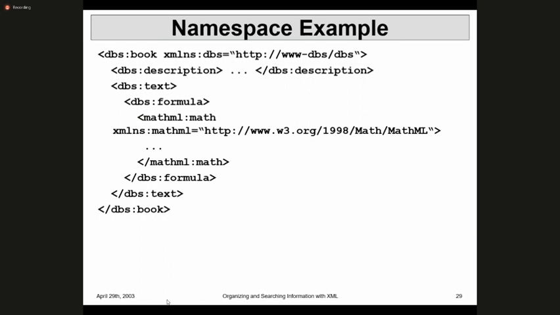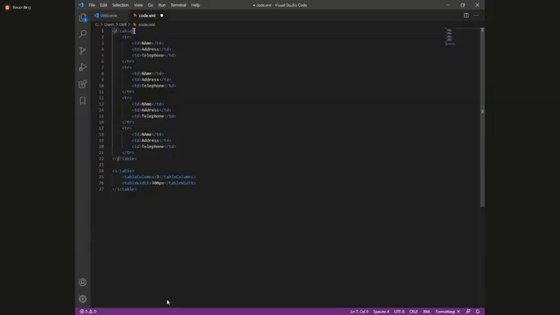If we go to our previous example, here I'm using this namespace called D. I have to instruct the XML document that I am using the XML namespace called DBS, and you can see the standard for this DBS at www.mysite.com.